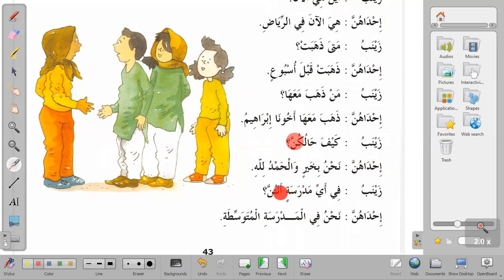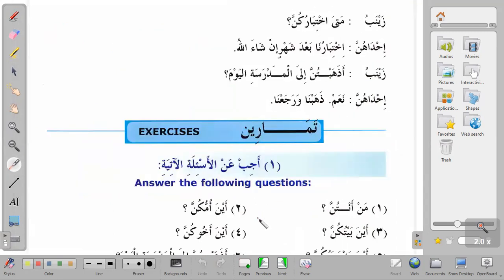Okay. في أي مدرسة أنتن? She's asking them, في أي مدرسة أنتن? Fi means in. أي means which. You can remember we just did which in the previous lesson. So in which school are you, أنتن? نحن في المدرسة المتوسطة. We are in middle school, meaning we call it junior high school, right?